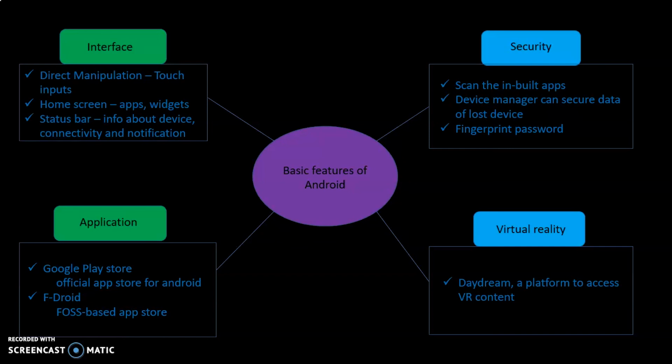The official app store for Android, where we can download the applications, is the Google Play Store, and F-Droid is also available as the FOSS-based app store, where we can download FOSS-based applications. Then we are moving on to virtual reality. Daydream is a platform where we can access virtual reality content. So have you all clear, children?